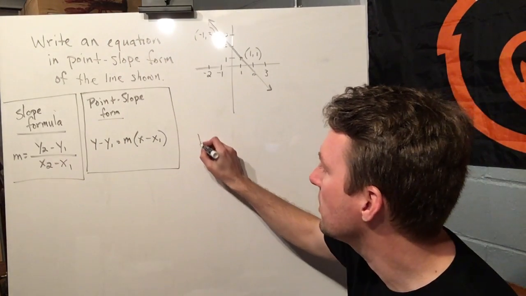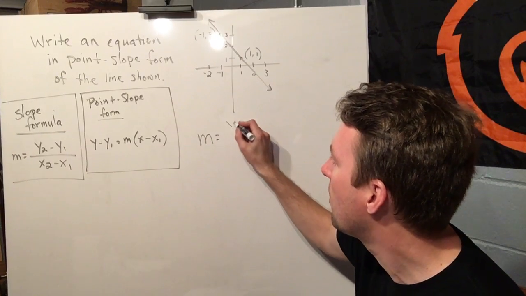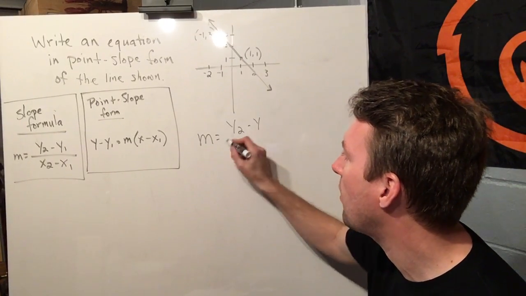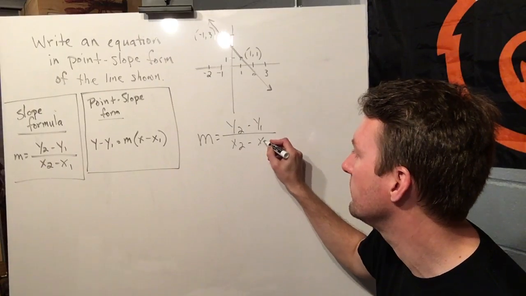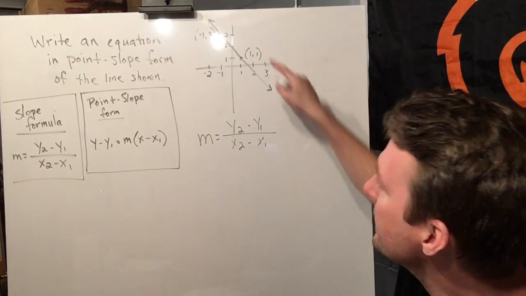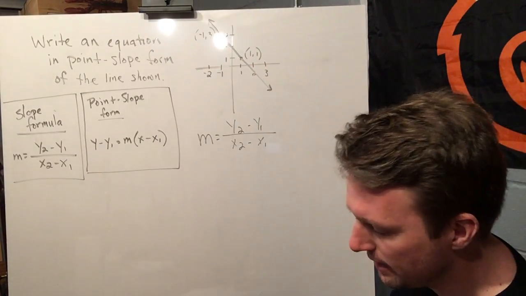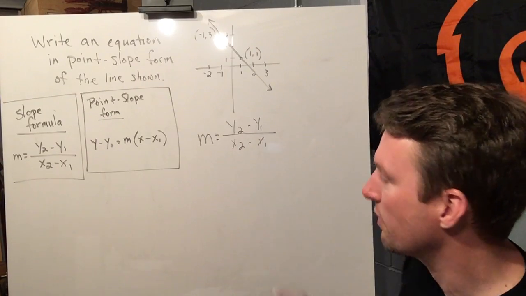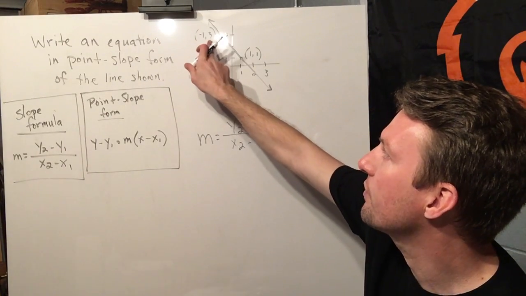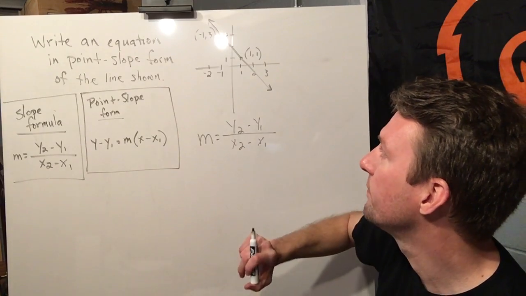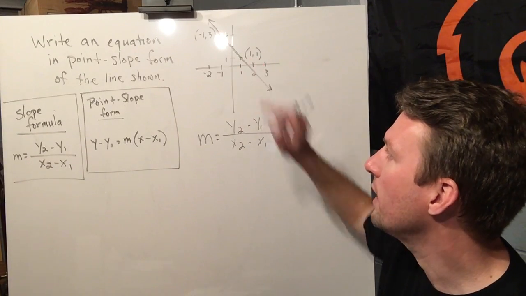So we have our slope formula, m equals y2 minus y1 divided by x2 minus x1. Now, we're going to take our points from our line and we're going to plug it in to our formula and solve it. So I have -1, 3, and I have 1, 1.